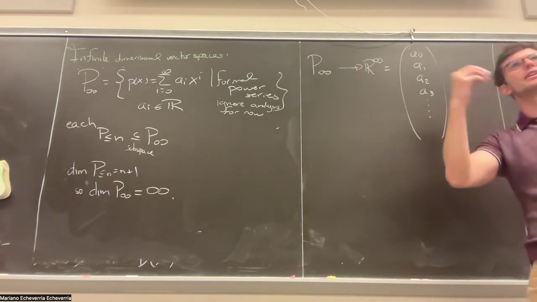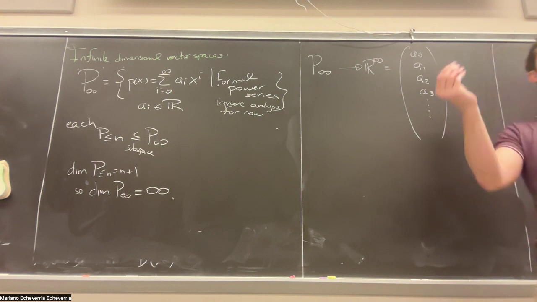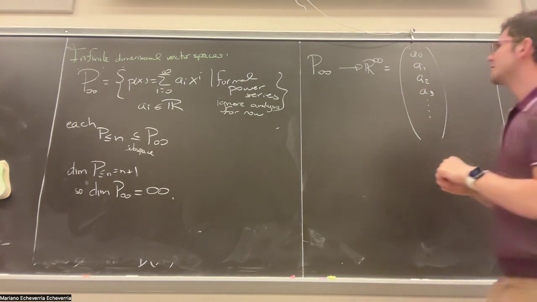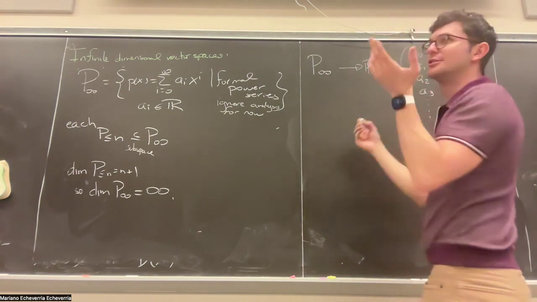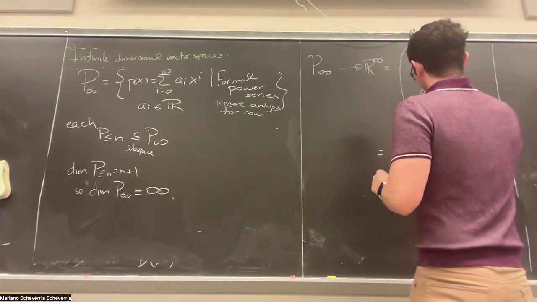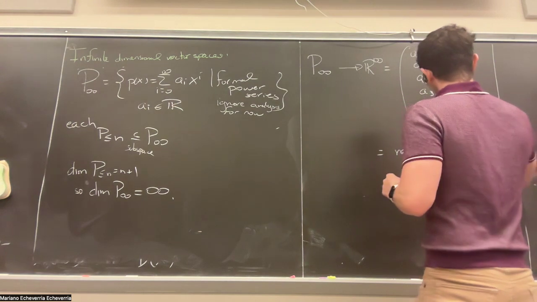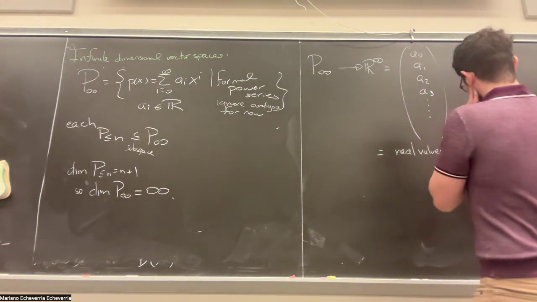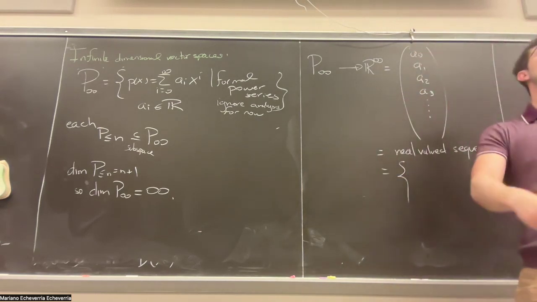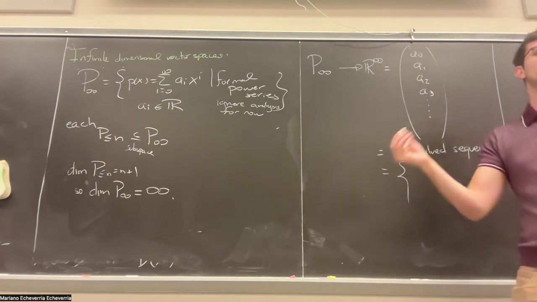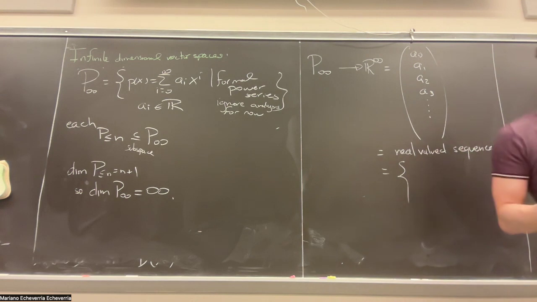This makes sense because when you have sequences, you can add them in real analysis, and you can multiply a sequence by a number. So this also corresponds to real-valued sequences. And what are real-valued sequences? They are functions from the natural numbers into R. So there's another way of thinking about these things.